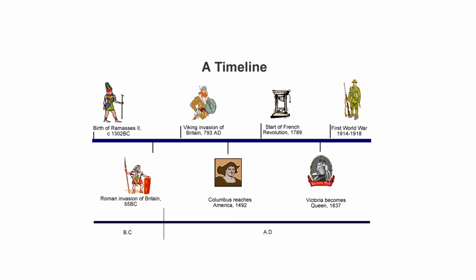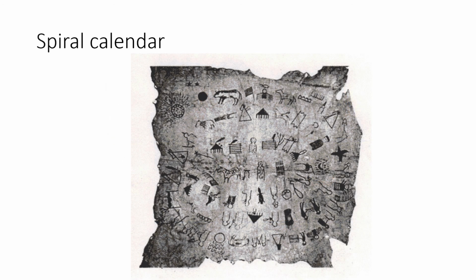That's not how it works in native culture. What we have here is the door flap to a teepee from a member of the Crow Indian tribe, or Absaroka, who live in the northern plains. And this is something that people would decorate their teepees with by basically telling their life story on it.